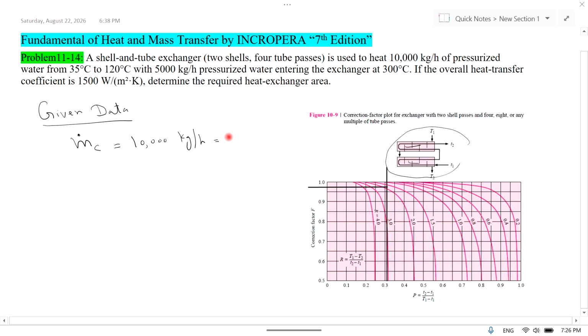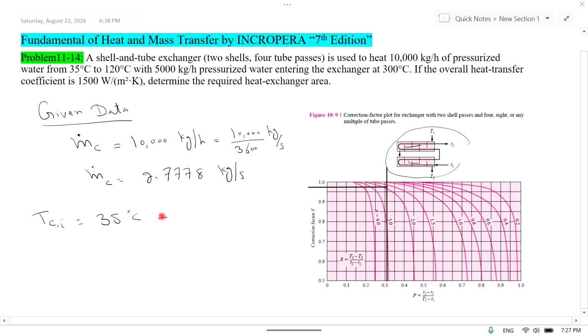Convert this into kilogram per second, which is 10,000 divided by 3600 seconds. So m dot c is equal to 2.7778 kilogram per second. The temperature of cold water inlet is equal to 35 degrees centigrade.